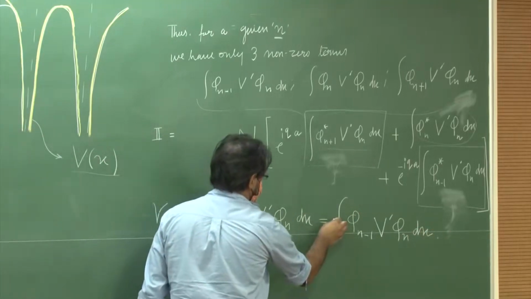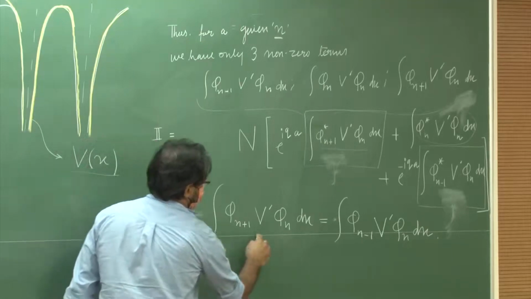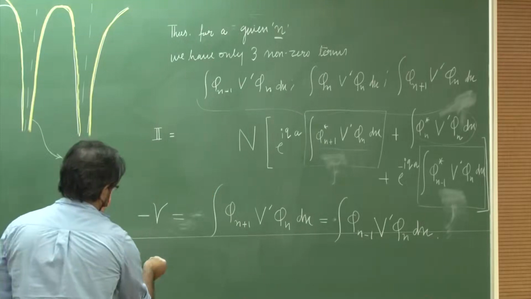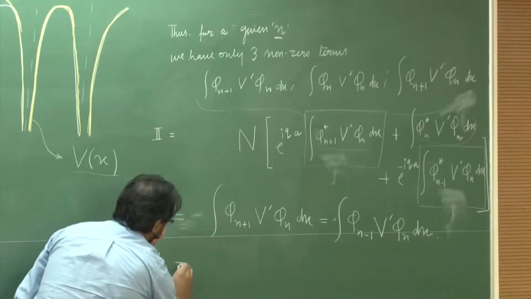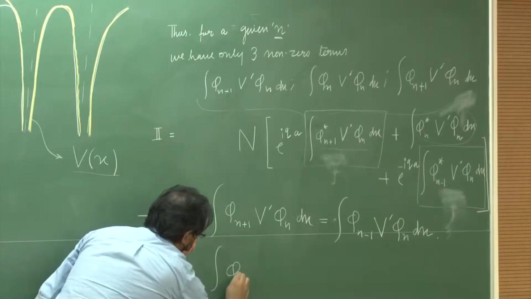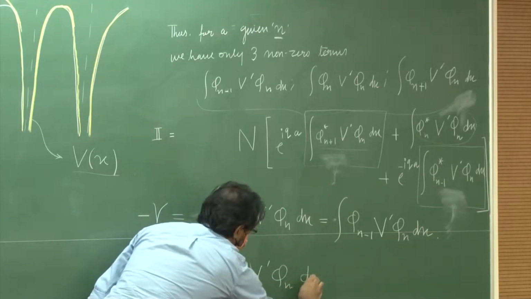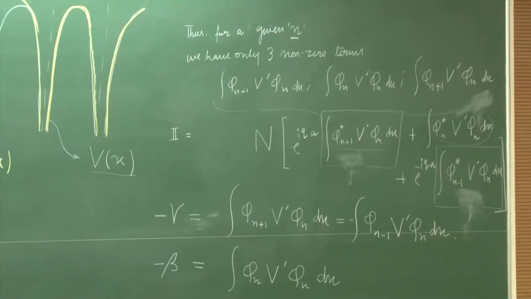Gamma is the negative of this; you can say minus gamma is equal to these two integrals. This is how it is defined. Now, the second integral is defined as minus beta. So minus beta is just integral phi n v prime phi n dx. That's my second integration.